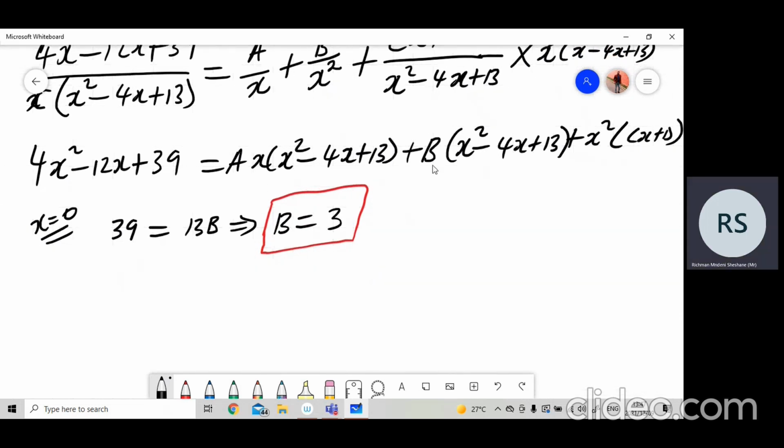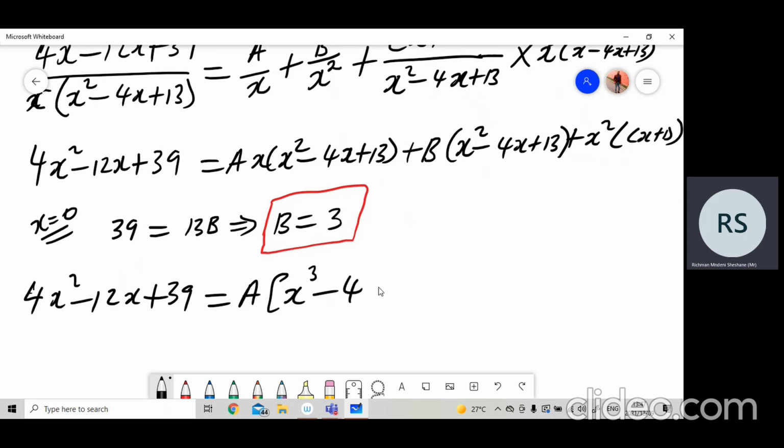We look at this expression, we want to see the coefficients of x, okay? So let's start with the left hand side. This is 4x squared minus 12x plus 39 equal to A. I'm multiplying x inside here in my first term. As long as I see the coefficients, I don't have to multiply A, but you can multiply A inside if you like. So this is x to the power of 3 minus 4x squared plus 13x.